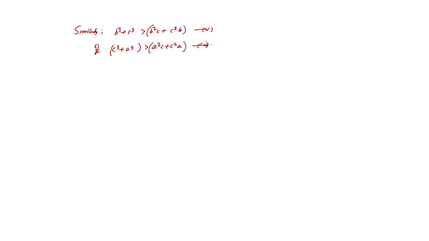This is our 3. Now we just add 1, 2 and 3. Simply adding all these inequalities, what will we get? On the left side 2 into a cube plus b cube plus c cube must be greater than a square into b plus c plus b square into c plus a plus c square into a plus b.